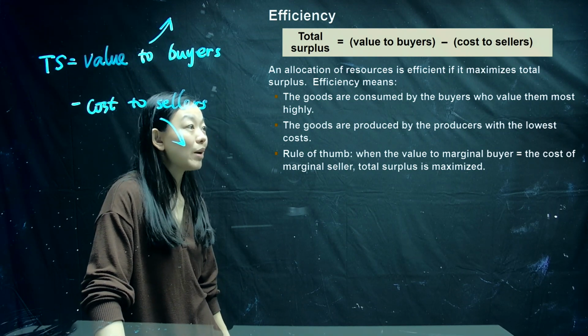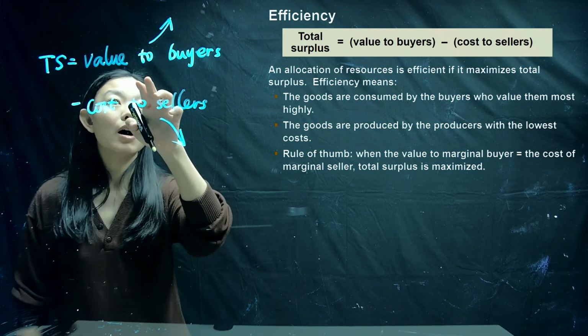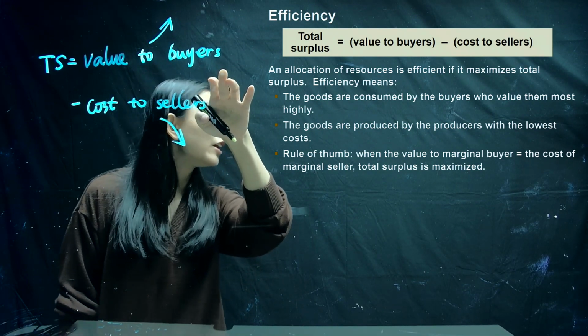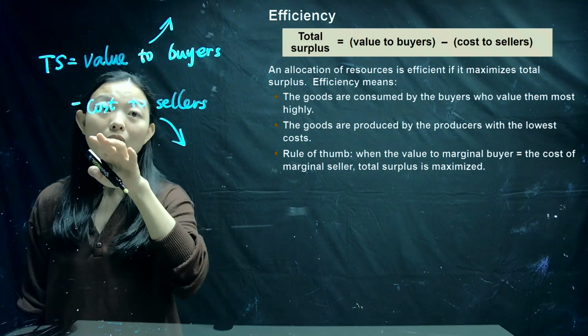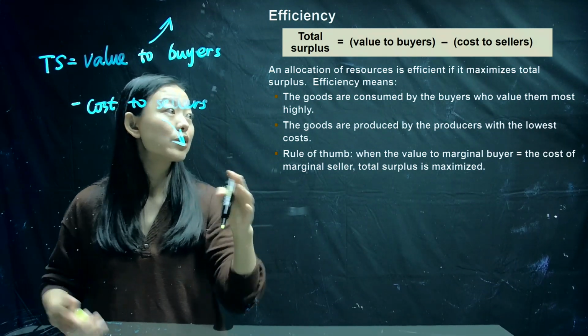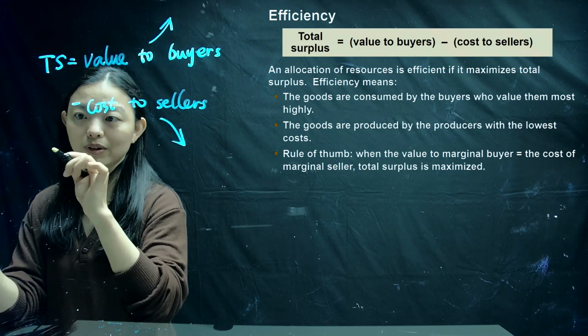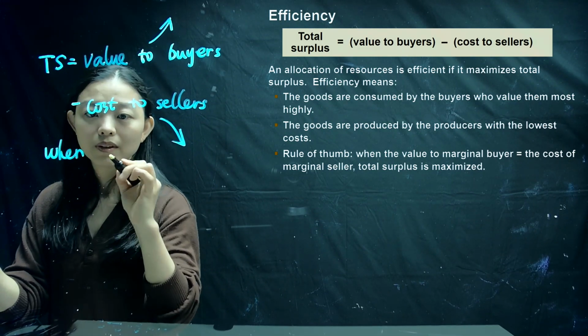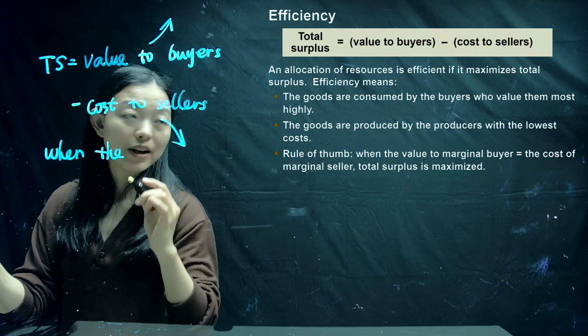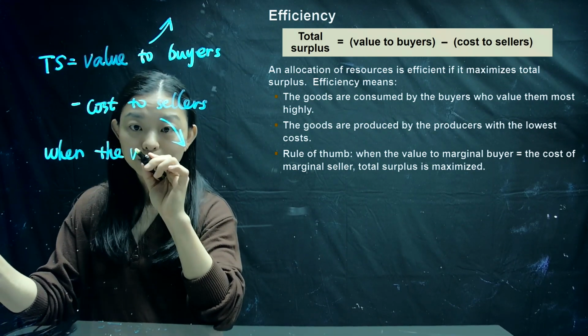So the rule of thumb here is that when the value to the marginal buyers equals the cost to the marginal sellers, the total surplus is maximized.